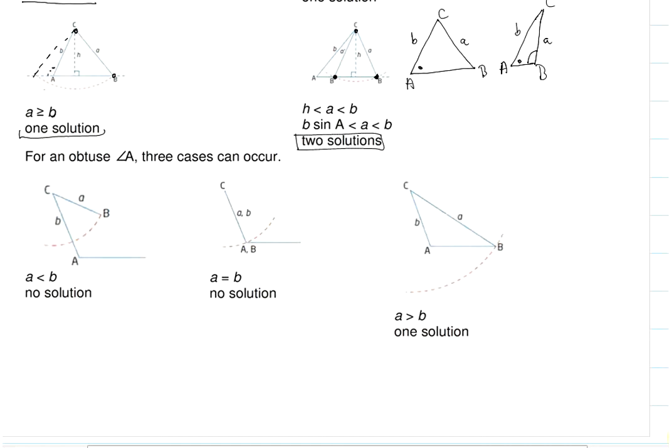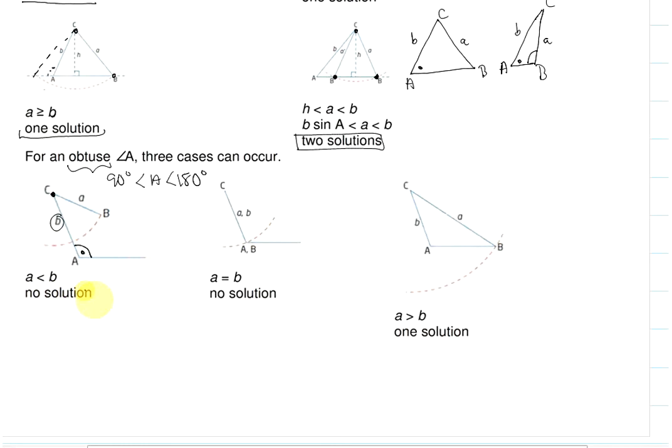Okay, so for an obtuse angle A, and remember, obtuse means between 90 and 180, there are three cases that can occur. So here's my obtuse angle A. Here's my given B. I know what A is. And here's my side A. If A is shorter than B, then remember there's a hinge. If I swing it from left to right, it never ever touches the base of what could be the triangle.